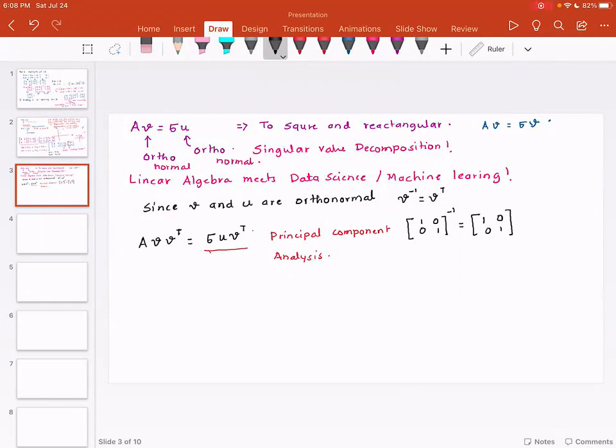And this is used in lots and lots of applications, especially if you are trying to solve some problem experimentally and you have a lot of experimental data. How do we reduce the data? How do we separate out the signal from the noise? And that is all principal component.